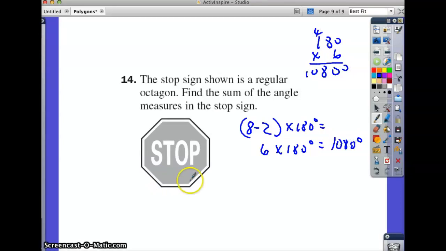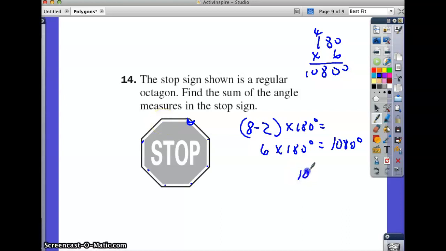That means if you take all 8 angles and add them up, it'd be 1,080 degrees. Now if you wanted to determine what one angle measure is, since it's a regular octagon, you can do that. So you count how many there are. 1, 2, 3, 4, 5, 6, 7, 8 angles.